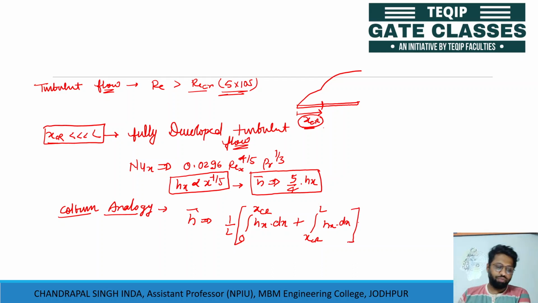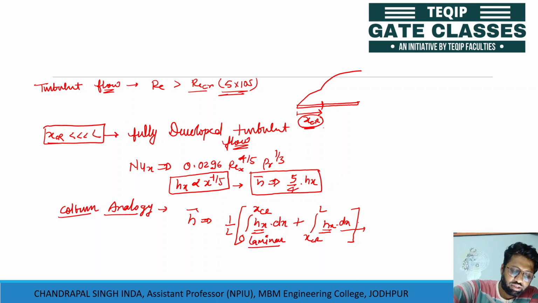By this we can find the average value of the convective heat transfer coefficient if we know the proportionality of h_x, and for the laminar or turbulent flow, this part represents laminar and this represents turbulent.